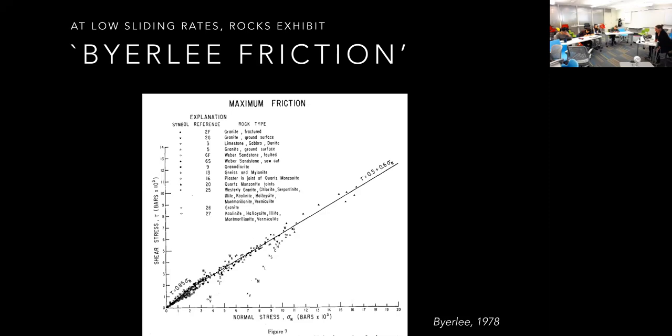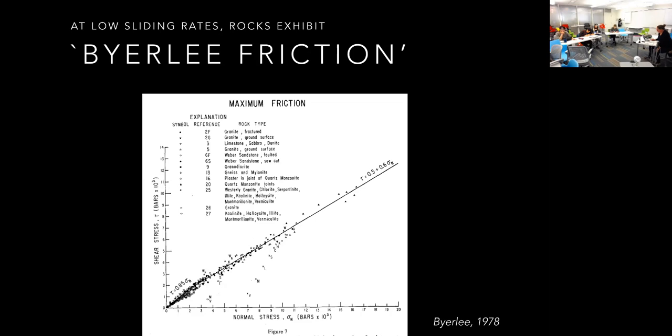These laboratory tests they were doing in the 60s and 70s were at low speeds, 10 microns per second, 100 microns per second. So what we get from these tests is a shear stress to normal stress ratio, or a friction coefficient at low speeds. And that's what you see here.